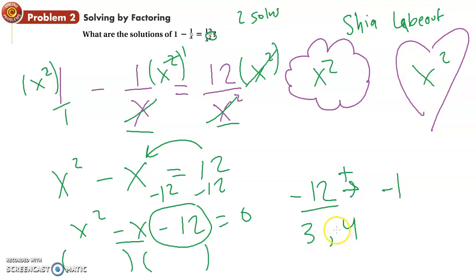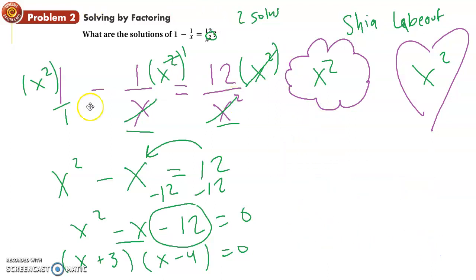And in this case, I can say that +3 times -4 equals -12, and 3 minus 4 is -1. So I get this guy equals 0. Now what are our two values of x? Our two values of x should be x is equal to -3 and x is equal to +4.